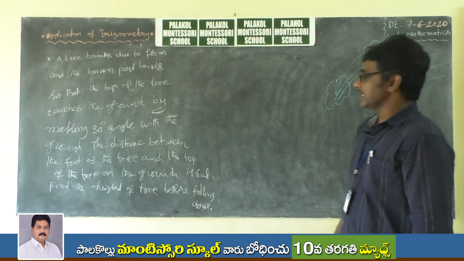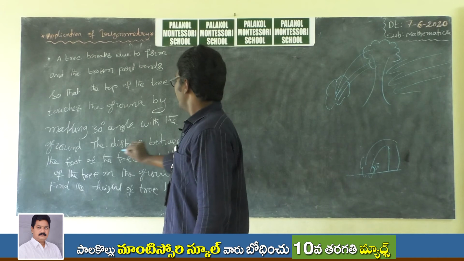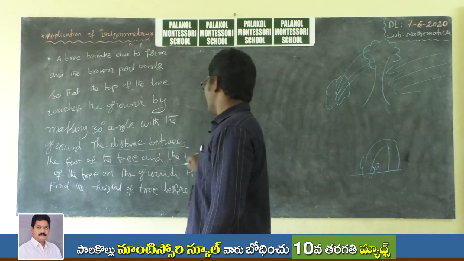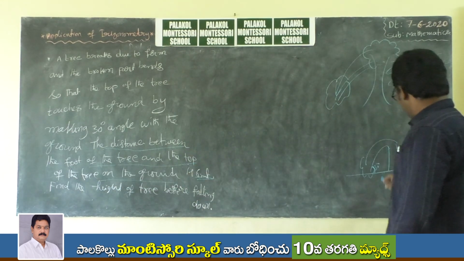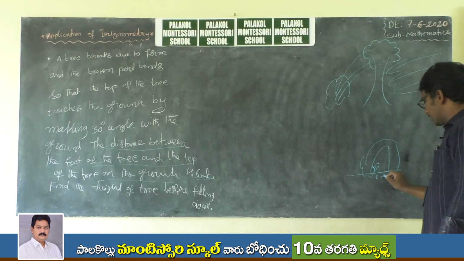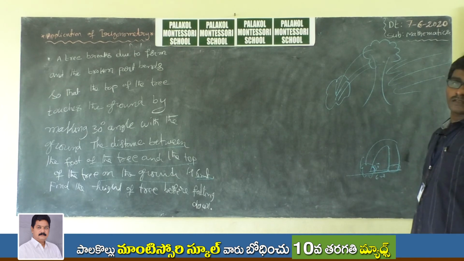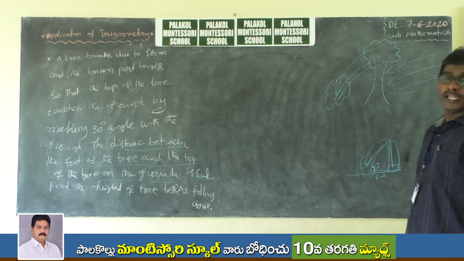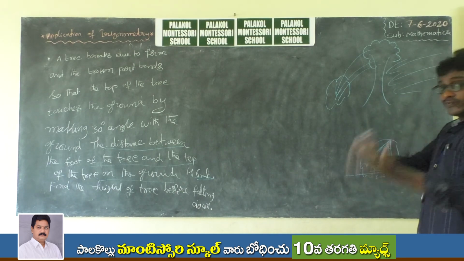The distance between the foot of the tree and the top of the tree on the ground is given as 6 meters. You have to find the height of the tree before falling down.